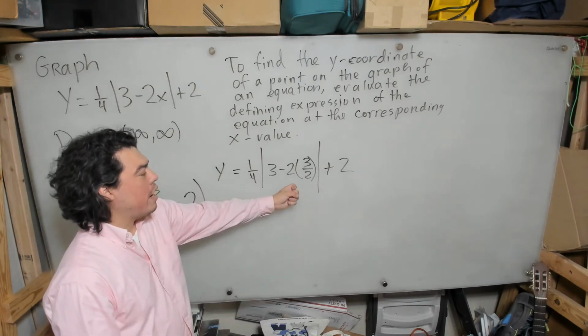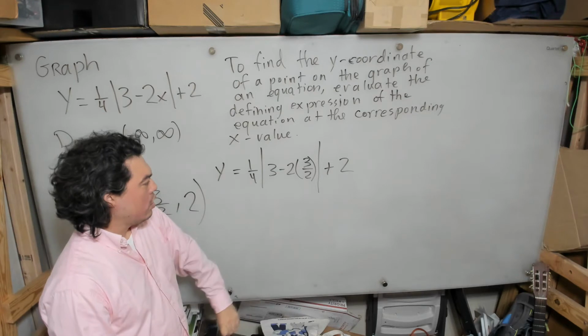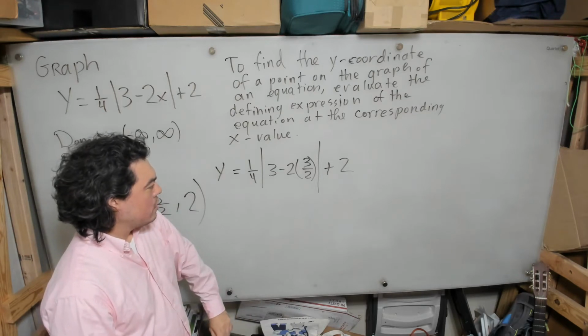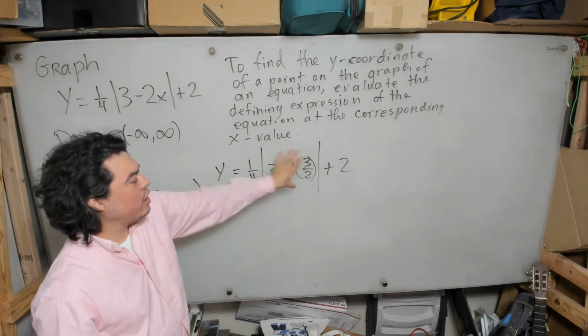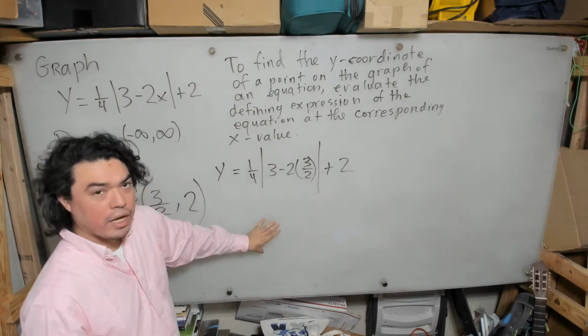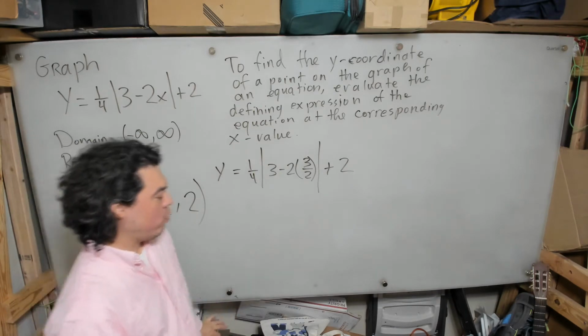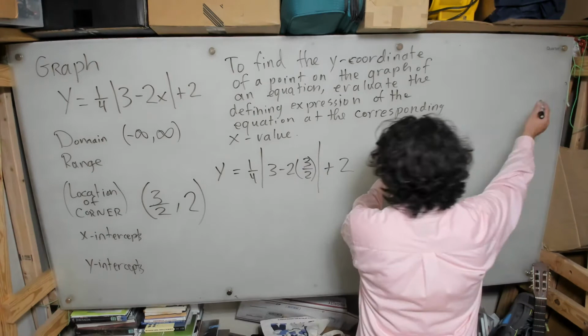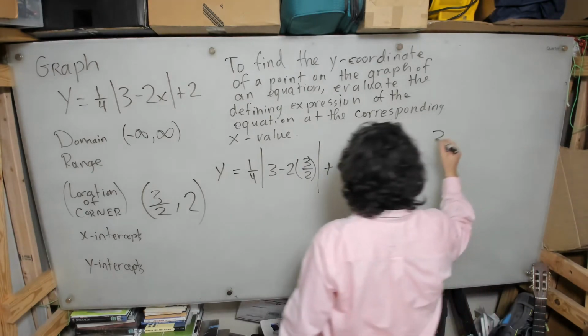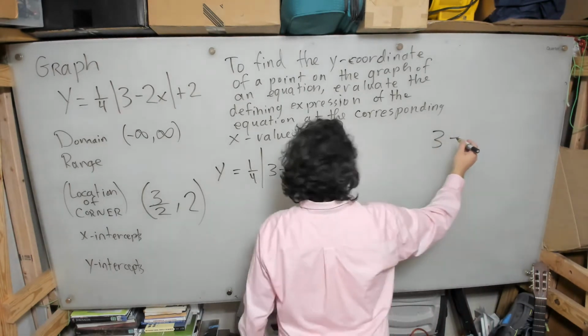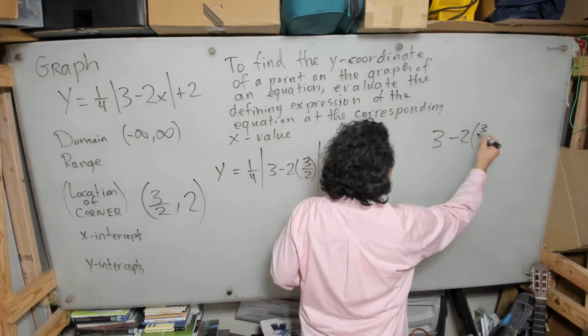First of all, I'm going to calculate the inside over here as a separate calculation. Let's pretend this is my scratch paper. I have 3 minus 2 times 3/2.